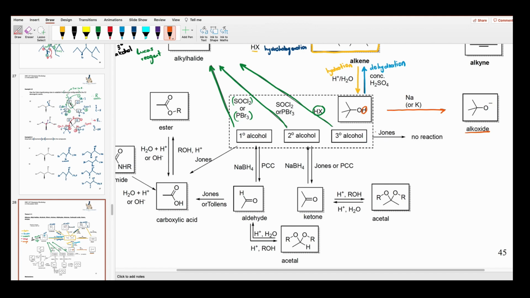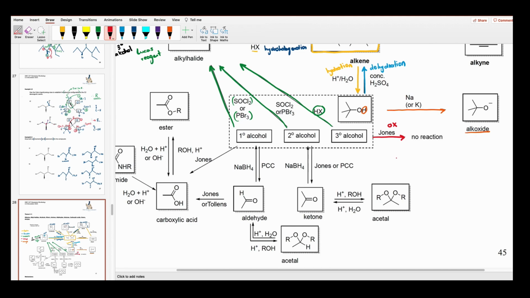However, please note, and this is extremely important, when you look at tertiary alcohols, this is an oxidation reaction: tertiary alcohols do not undergo oxidation.